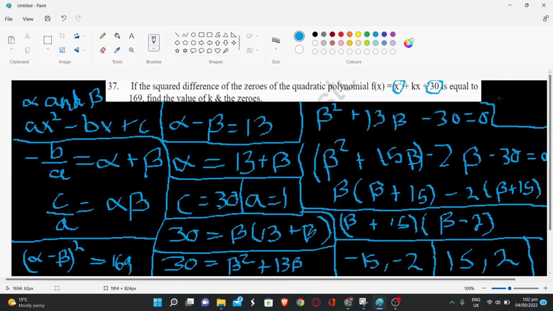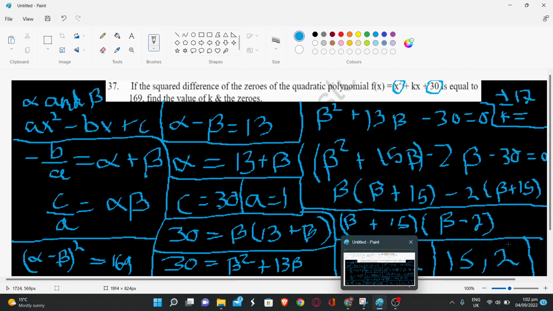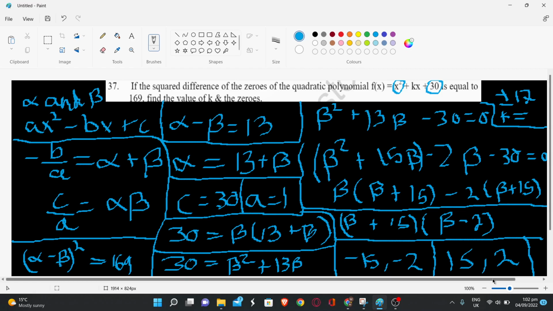It's plus or minus 17, because 15 plus 2 is 17 and minus 15 minus 2 is minus 17. Hence k is equal to plus or minus 17, alpha is equal to plus or minus 15 and beta is equal to plus or minus 2.